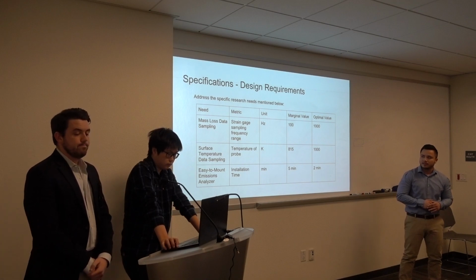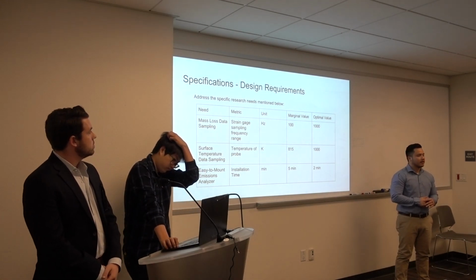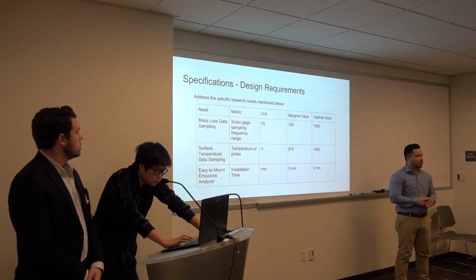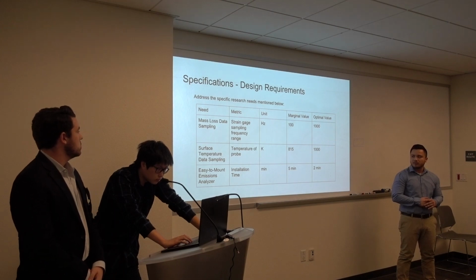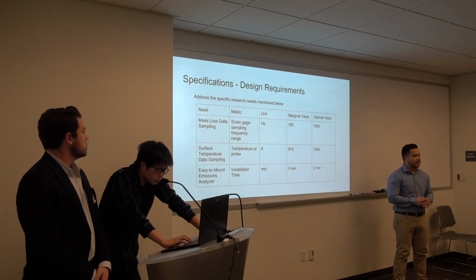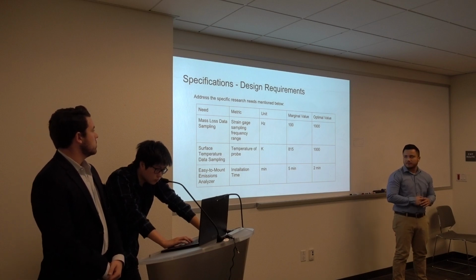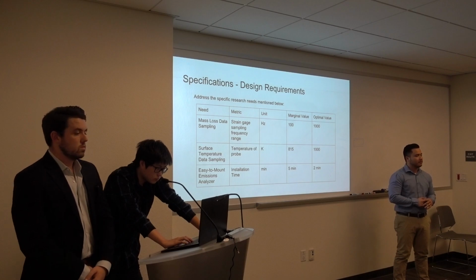First, we need to measure the mass loss, whether it be the weight lost by the hydrate as it burns or the water produced as it melts. Then we need to measure the surface and core temperature, and we need a device that is able to effectively sample temperatures at a sufficient frequency rate, and that is easy to mount and essentially portable.